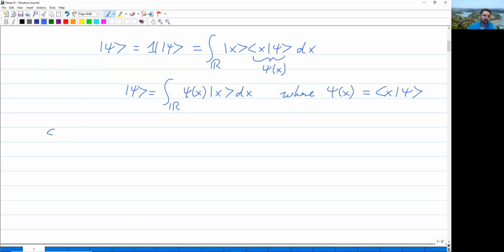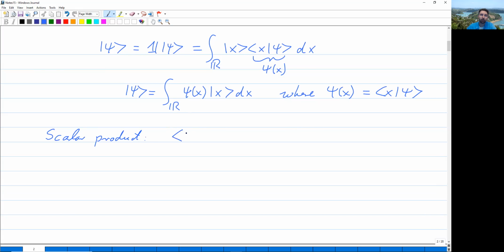So for example, let's look at the scalar product. Let's write it out abstractly first, and then let's rewrite it in the position representation. By the way, when we say position representation or position basis or position eigenbasis, it's all the same.